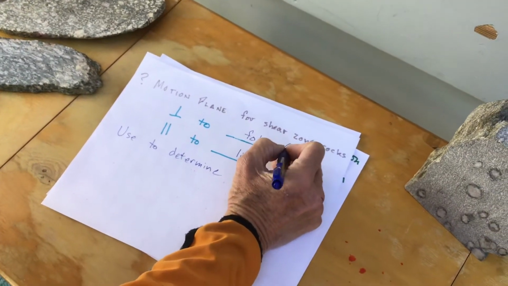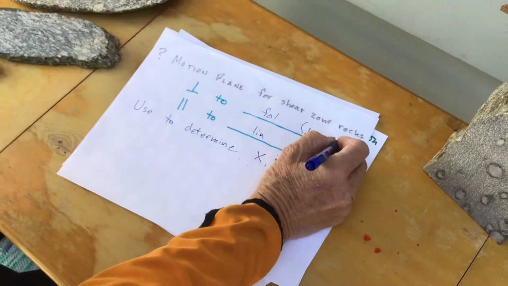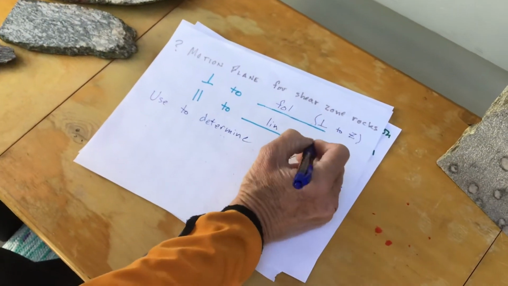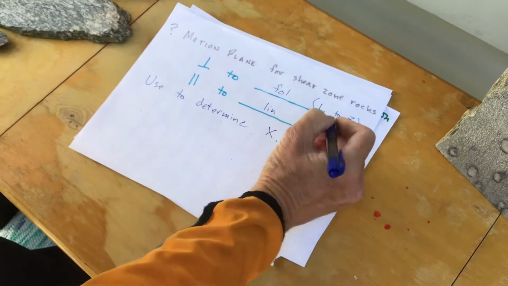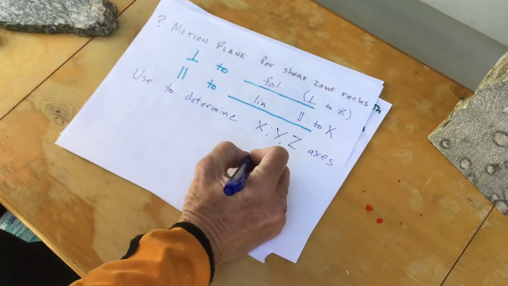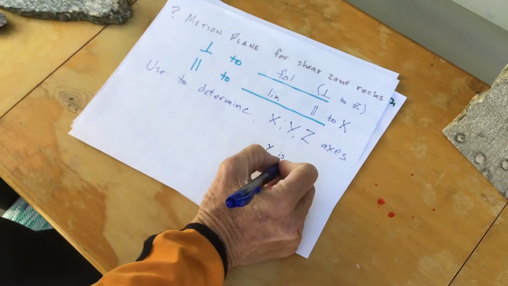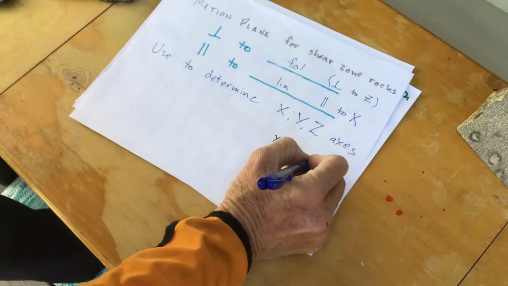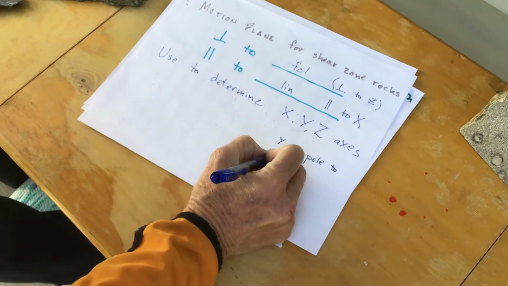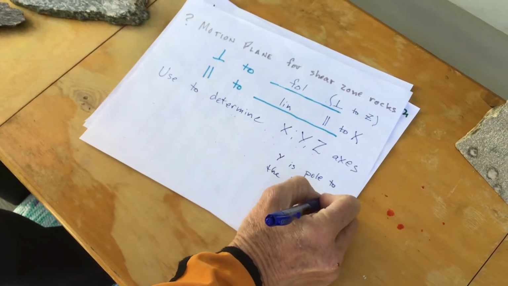The foliation plane, loosely speaking, we're going to say is perpendicular to Z. The lineation is parallel to X, the intermediate axis Y is the pole to the XZ plane.